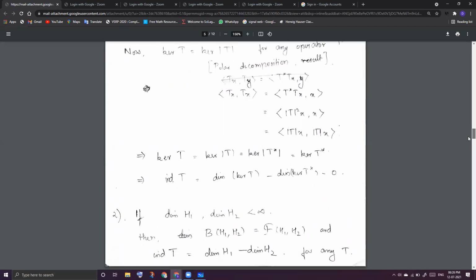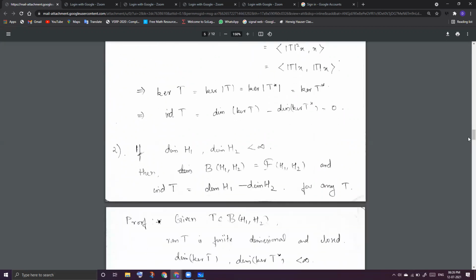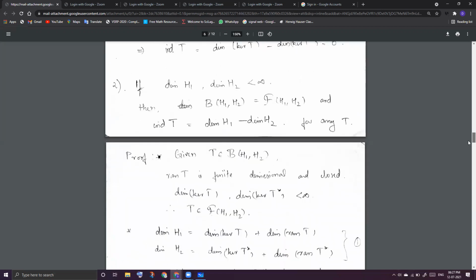Yeah. Now, suppose both Hilbert spaces H1 and H2 are finite dimensional. Then any operator from H1 to H2 is going to be a Fredholm operator, because the range of T is a finite dimensional subspace, so it is closed, and the kernel of T and the kernel of T star are both finite dimensional.